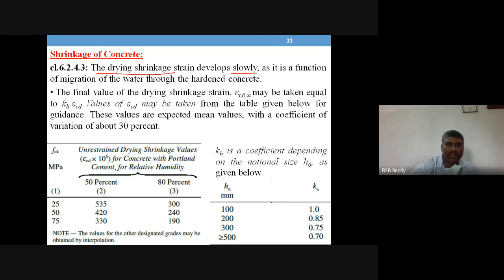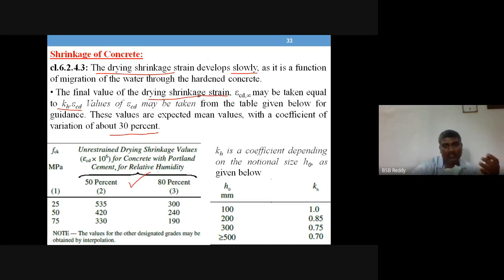And the final value of drying shrinkage may be taken equal to kh times epsilon cd, and epsilon cd values shall be taken from this table. Okay, these values are expected mean values with a coefficient of variation about 30%, means the values will vary roughly about 30%.